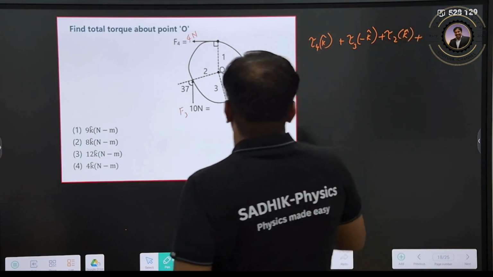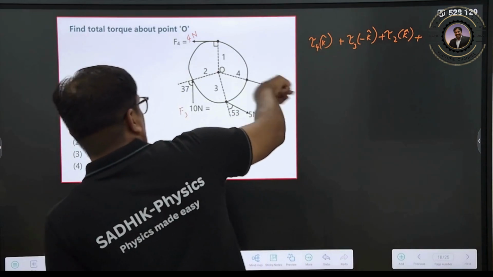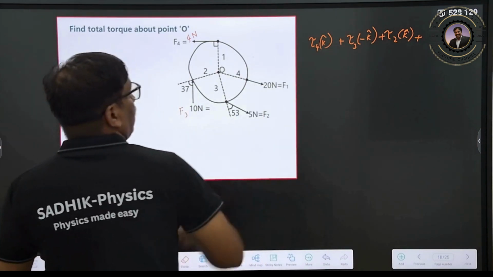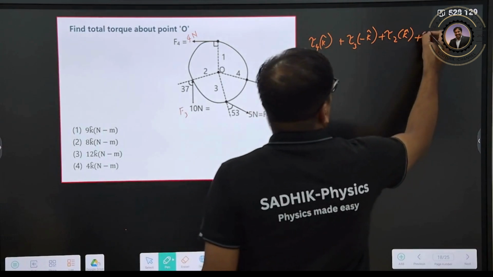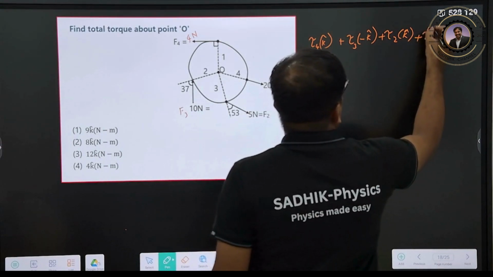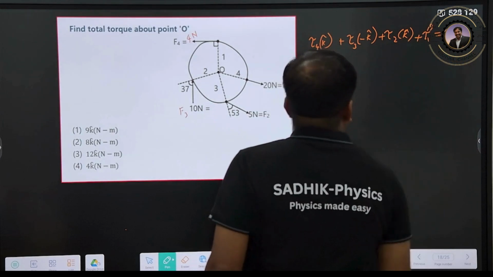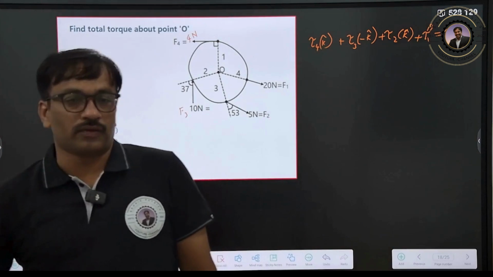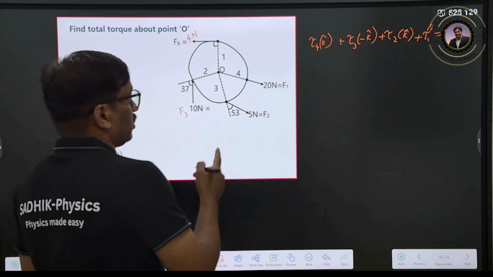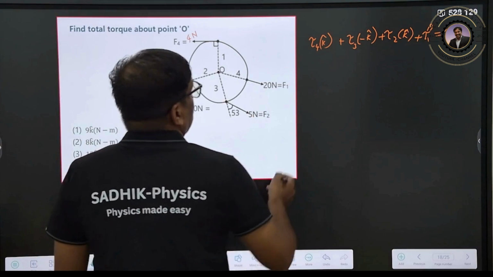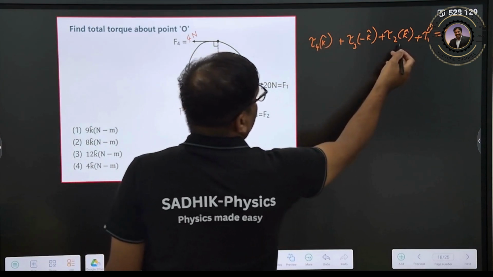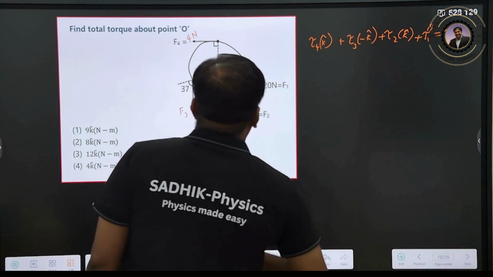F1 is acting along this direction, so it will not create any torque. Torque due to F1 will be 0. Therefore, net torque about O: the fourth one and second one we have to add, the third one we have to subtract.